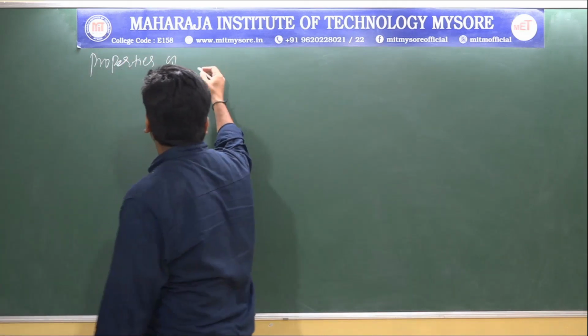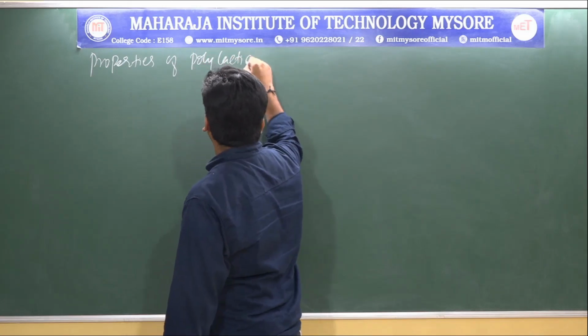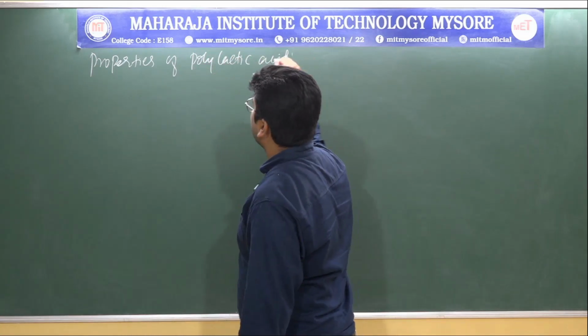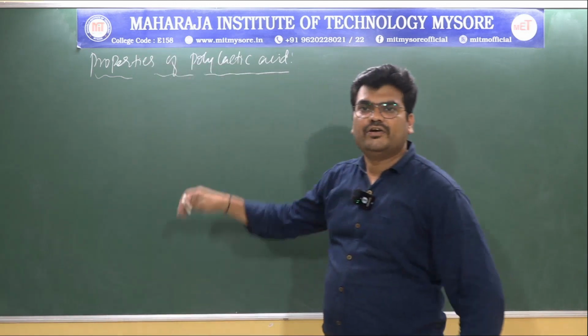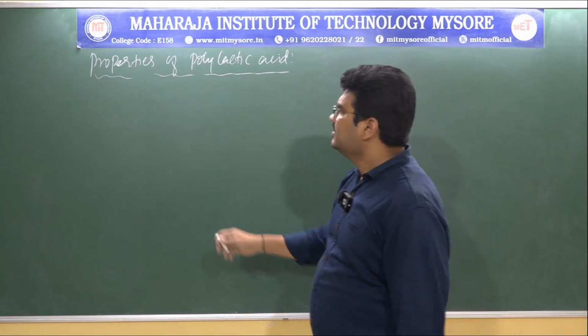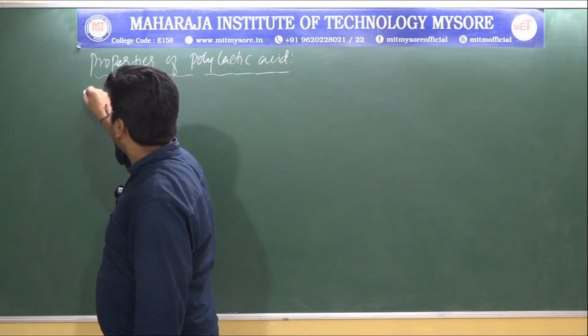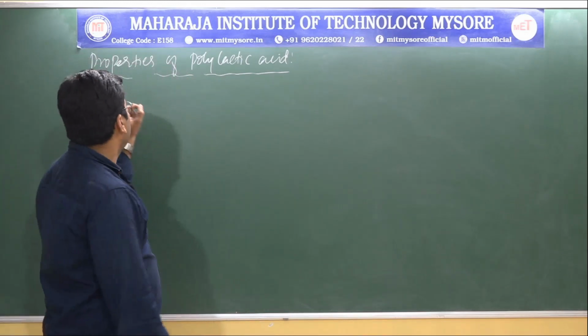Properties of biodegradable polymer such as polylactic acid, right? Polylactic acid is a biodegradable thermoplastic aliphatic polyester, as I already said. If you look at the properties one by one, it is a highly versatile thermoplastic polymer.